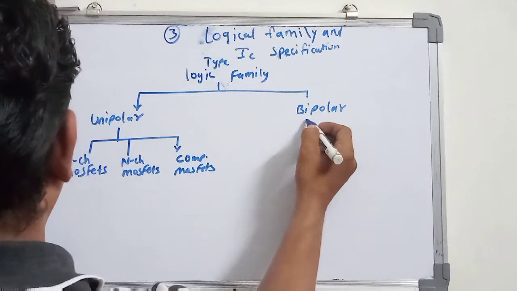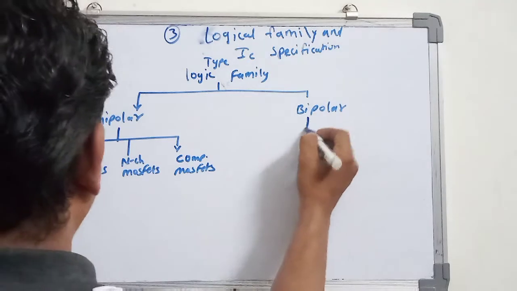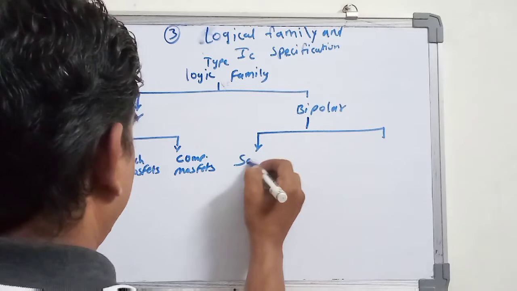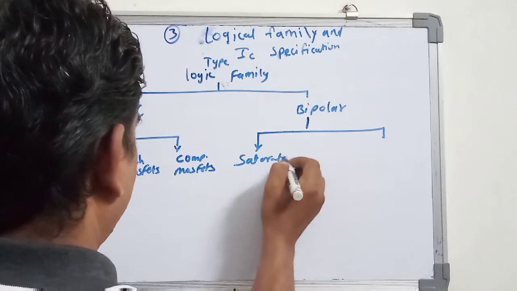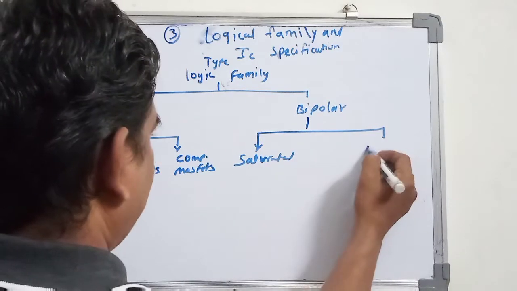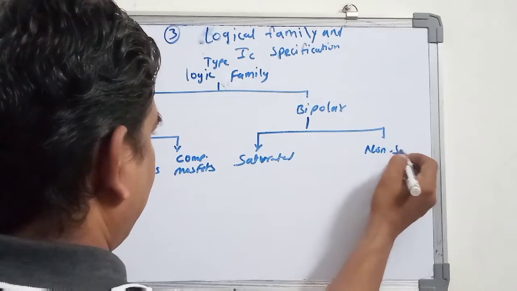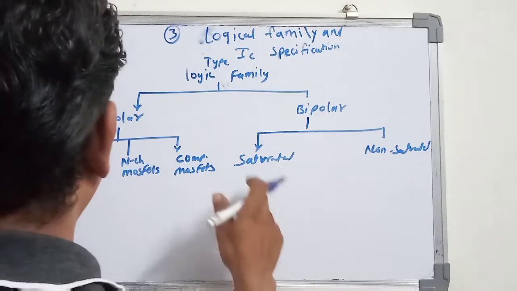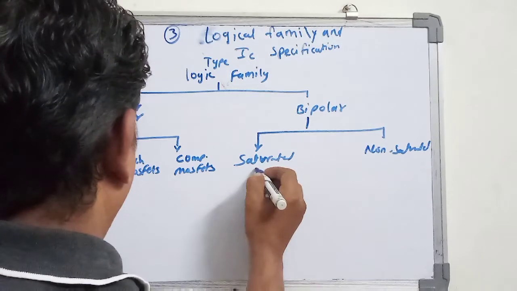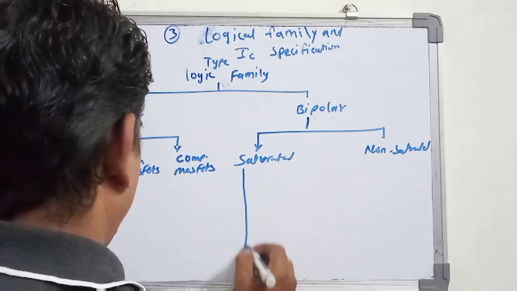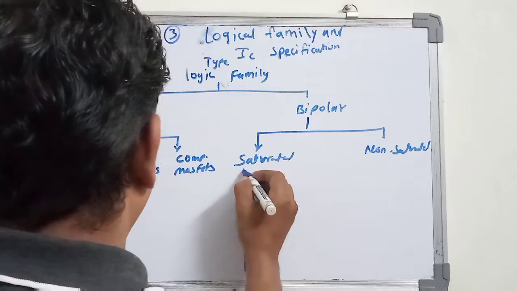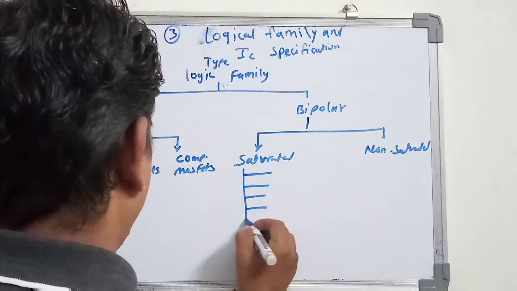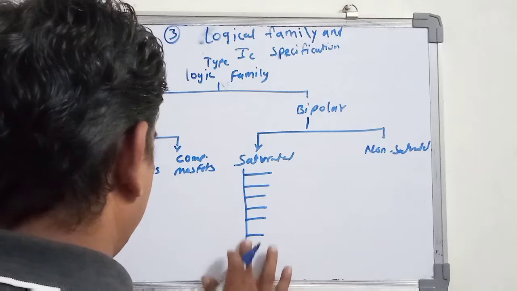This bipolar has been classified into the two types. First is the saturated, and second is the non-saturated. Okay students, this saturated is again classified into a different six types. 1, 2, 3, 4, 5 and 6.